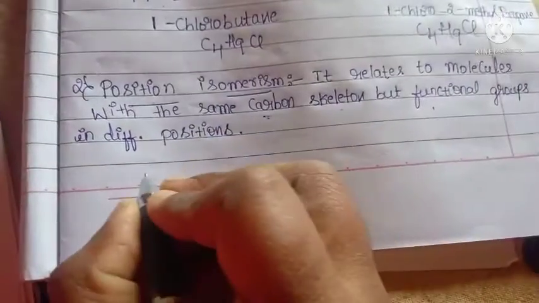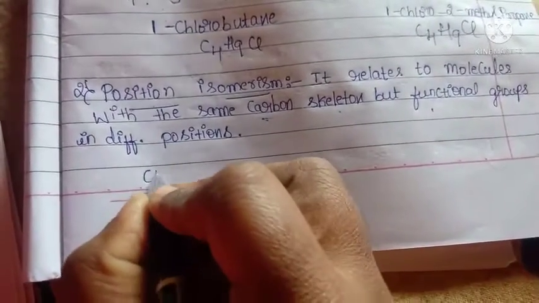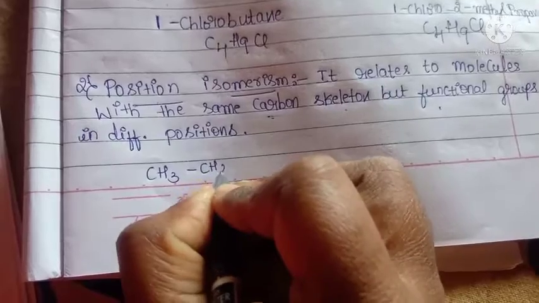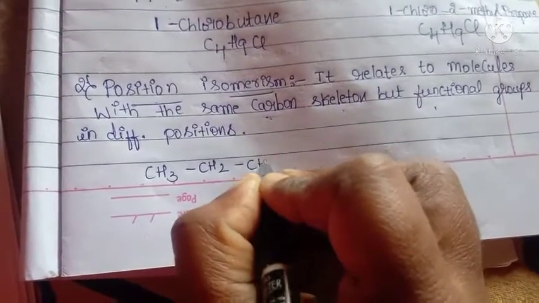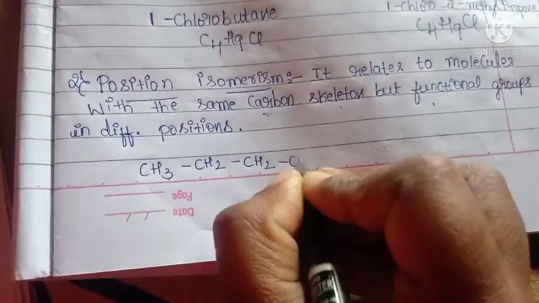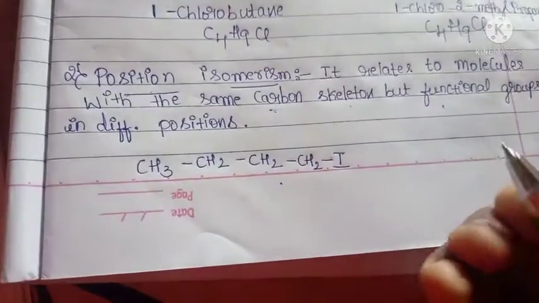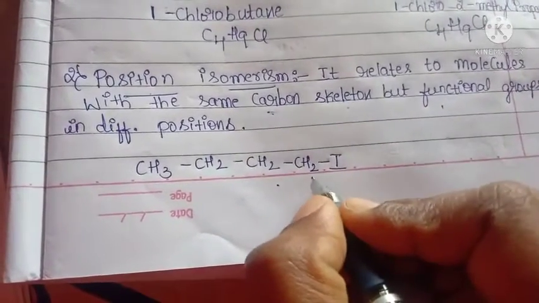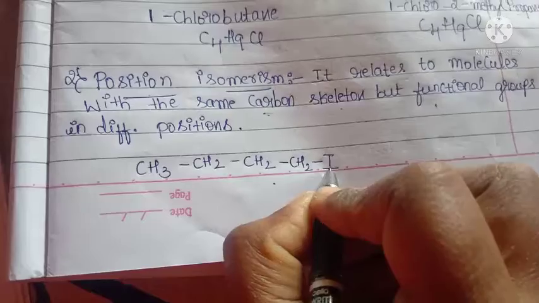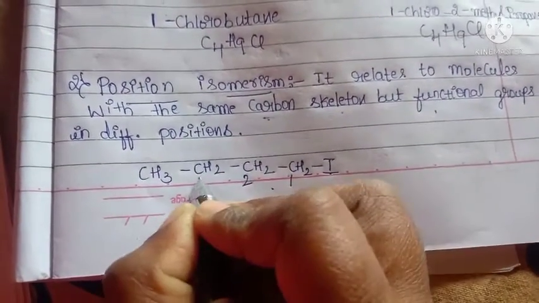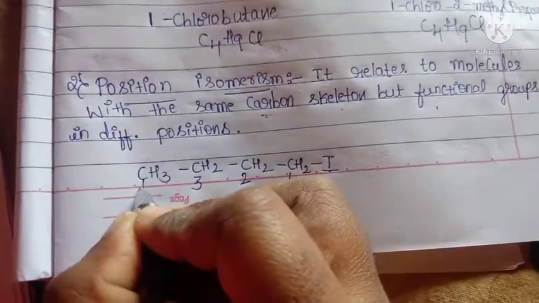For example, CH3, CH2, CH2, CH2I. Okay, here, as with numbering, we have to give the iodine the least number. You have to give 1, 2, 3, 4.